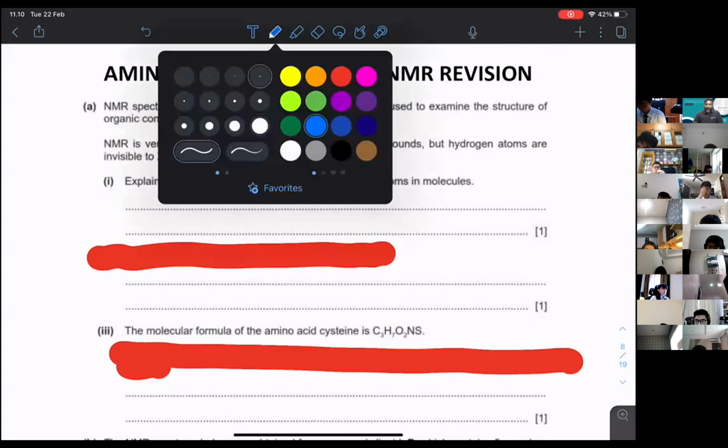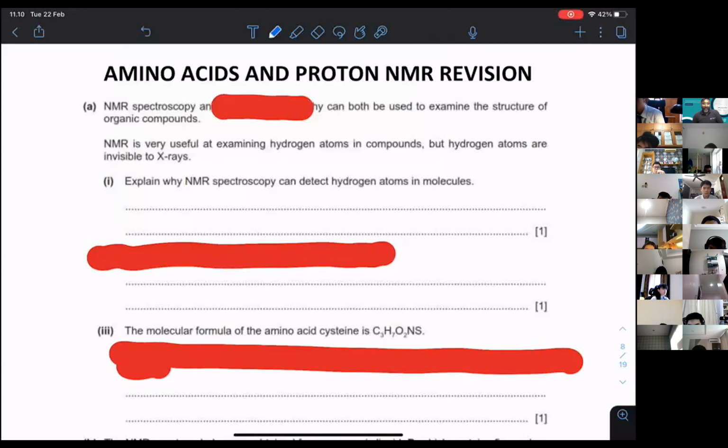Now, when you want to detect hydrogen atoms in molecules, how NMR works is because hydrogen atoms have their own spin and have their own magnetic field.